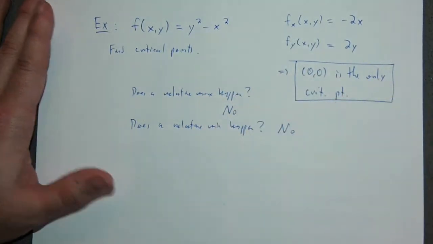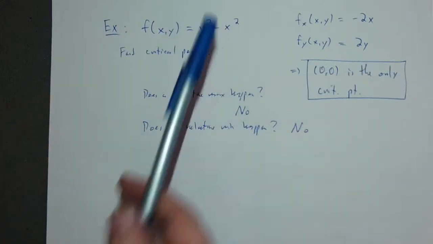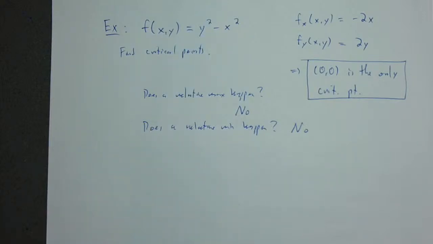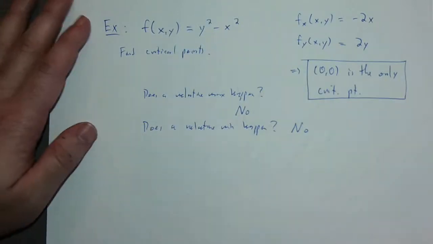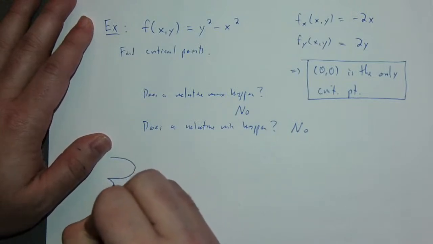The answer is also no. Something else happens that is a little weird, okay? And so what is this something else? I'm going to cheat and actually draw the graph of this, okay? So the graph of this looks like this, and I've drawn this in this class before.